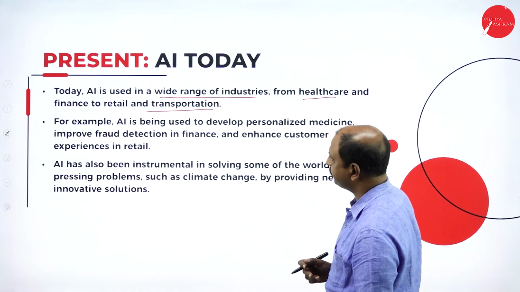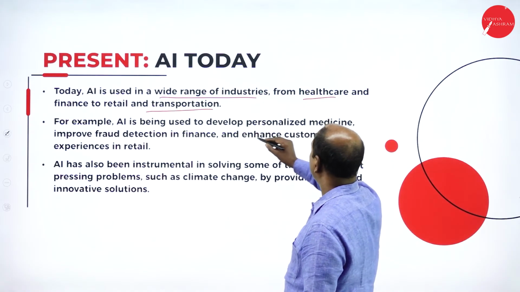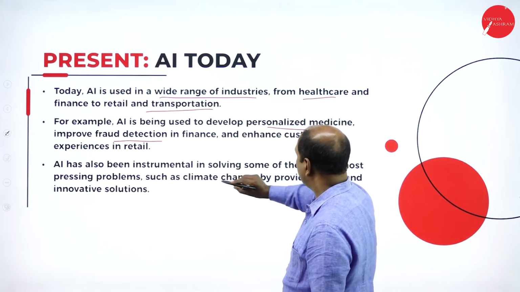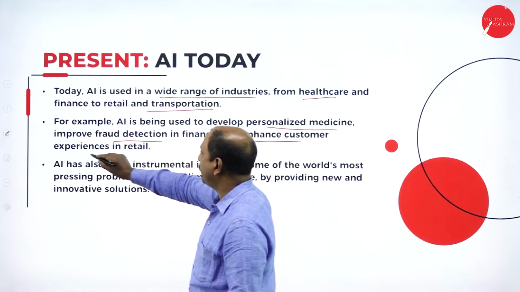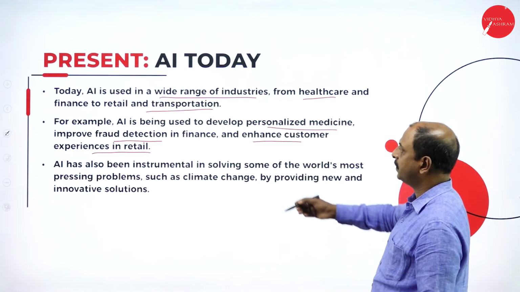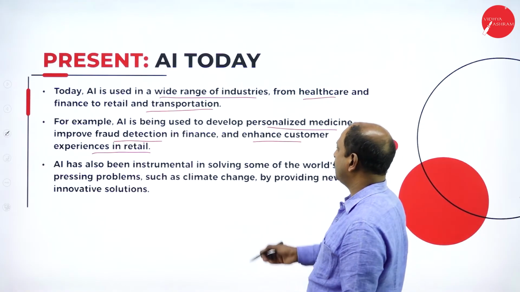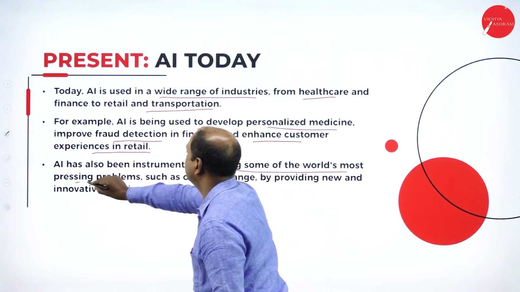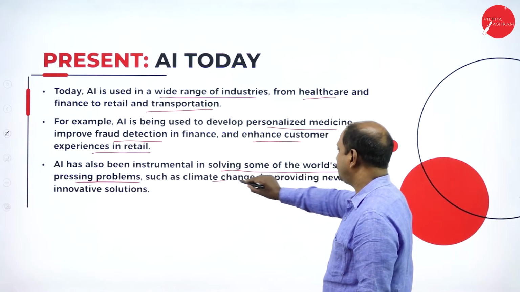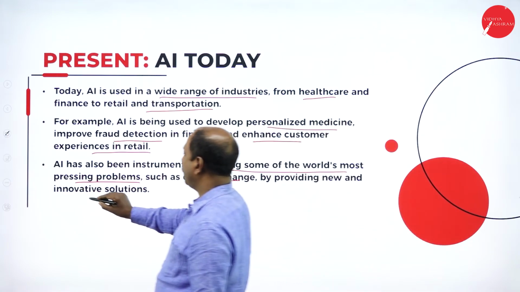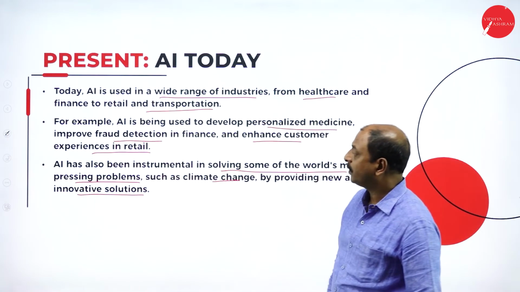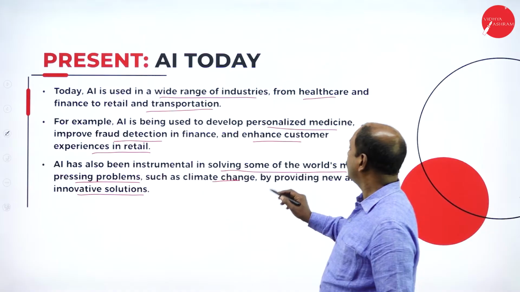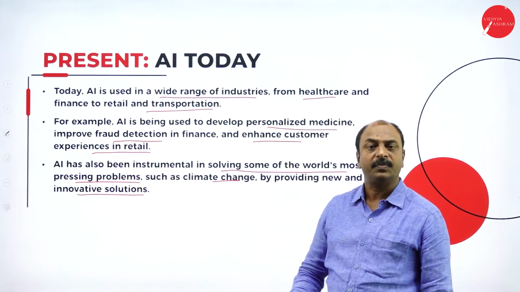For example, it is used to develop personalized medicine, improve fraud detection in finance, and enhance customer experience in retail business. It has been instrumental in solving some of the world's most pressing problems, such as climate change, by providing new and innovative solutions. See, this is the advantage of AI. It provides innovative solutions, with new ideas and by using different technologies.